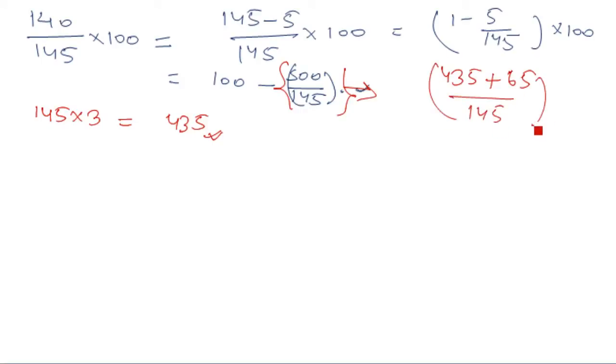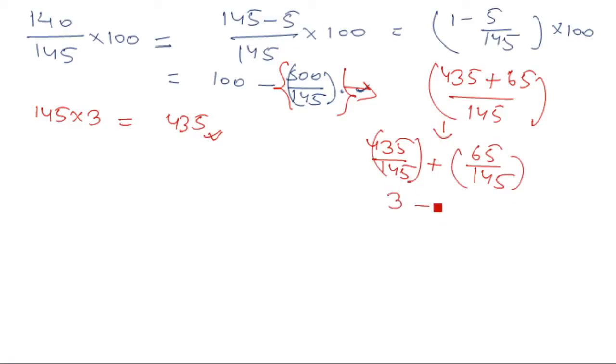Further this can be written as 3 plus 65 by 145, same thing. This is approximately 0.5.